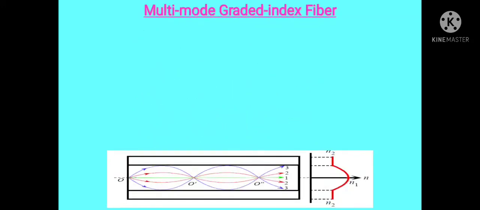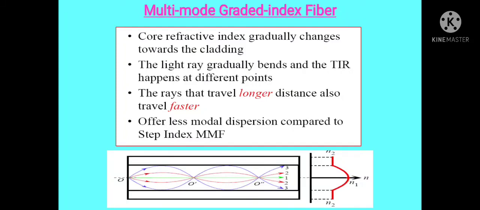And finally, let's discuss a few important points about multimode graded index fiber. In this optical fiber, the core refractive index gradually changes towards the cladding. The light rays gradually bend and the total internal reflection happens at different points.